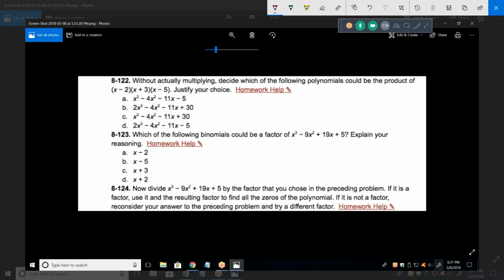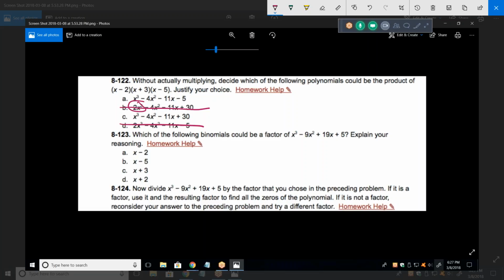So, could this be the answer? No, because I know that in the end, the first term is going to be x times x times x. So I can't have a 2x cubed as the first term. I got to have an x cubed.